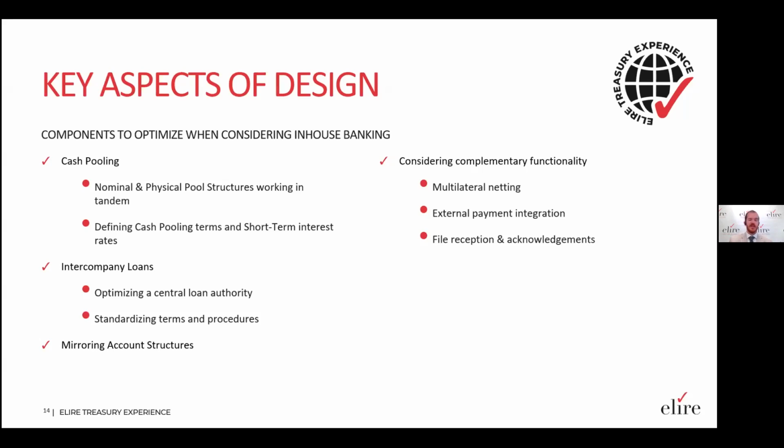Our key aspects to design, some of the things that we talked about already, but very important to highlight because they truly are some of the greatest benefits that you can get, is our cash pooling. So not only does it allow us to facilitate additional loan creation for intercompany loans or revolvers, but it allows us just in general to have a better understanding and picture of where all our cash sits, what our liquidity looks like across business units, across different chart string combinations, anything that you can think of in terms of slicing and dicing the way cash is currently residing in our organization.